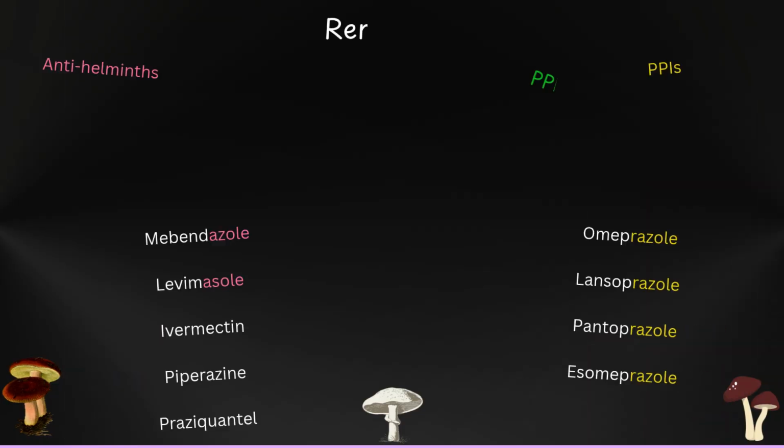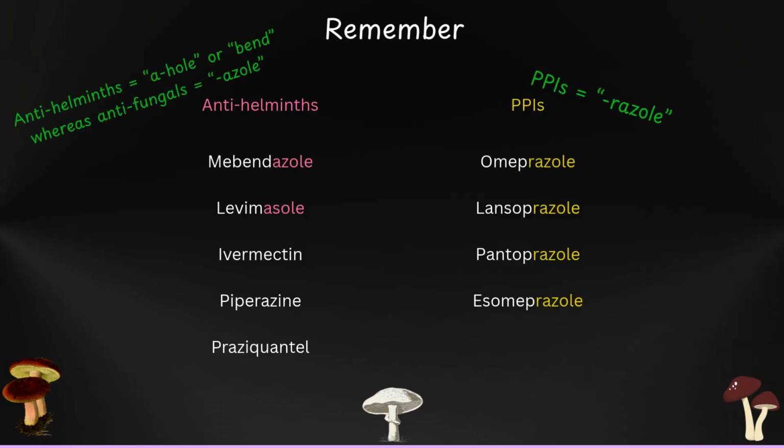And to finish things off, I said I was going to help you to delineate antihelminths from antifungals and PPIs. Your antihelminths are mebendazole, levamisole, ivermectin, piperazine, and praziquantel. All of these have a hole or bend in them, whereas your antifungals are all azole.